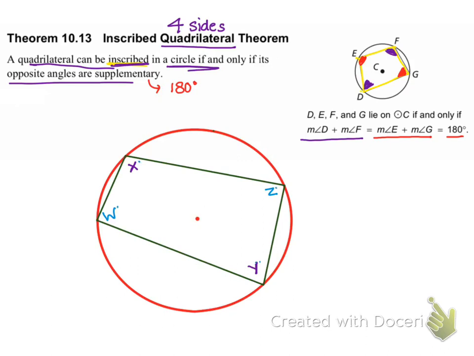According to this theorem, I can write X plus Y is 180 and W plus Z is going to be 180. It's something like that. So whatever the measurements here, it's going to be like this.